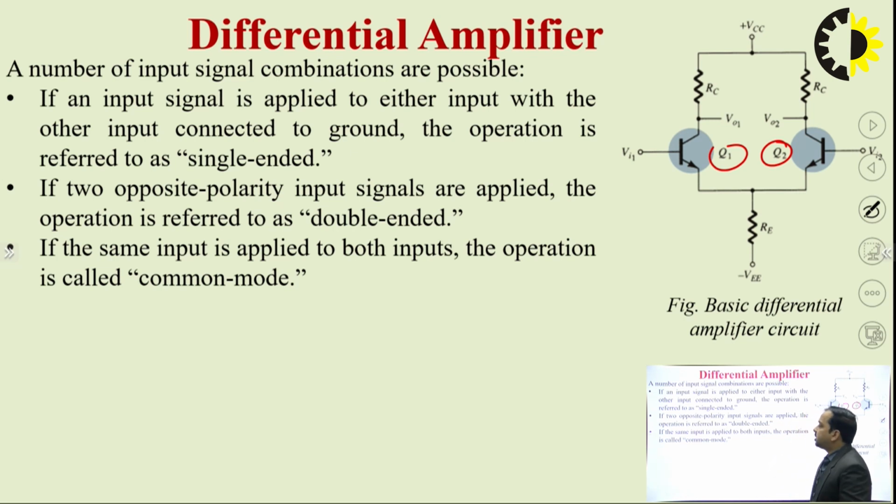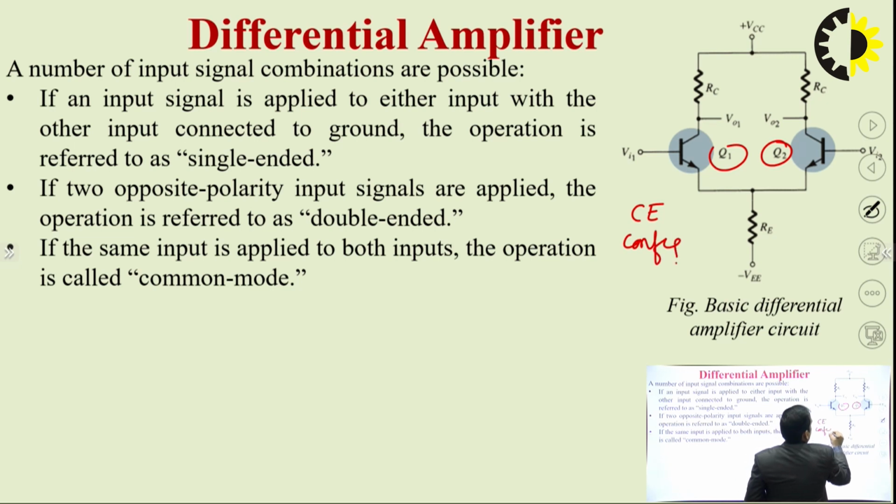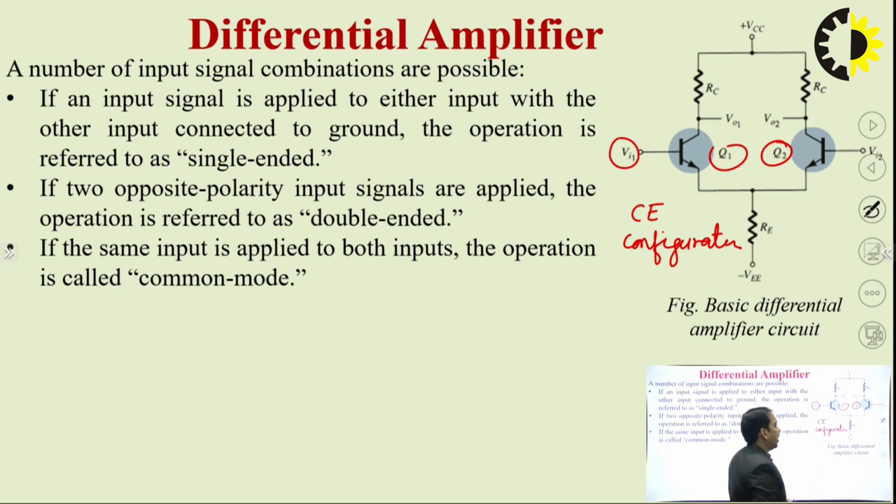We are applying inputs at both the common emitter configurations. These are CE configurations, and we apply inputs Vi1 and Vi2 to the base of the common emitter configurations.